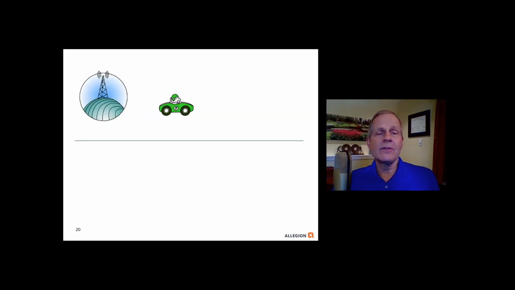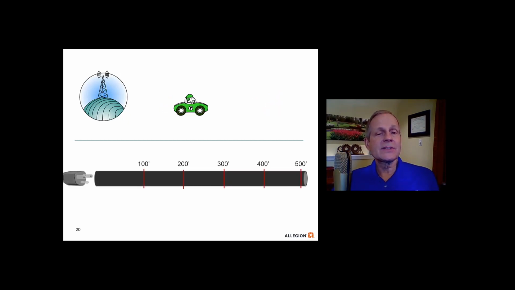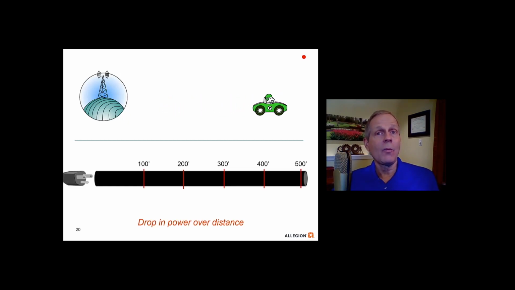All right, so now we're going to take a look at interference. We've got this radio tower that's broadcasting some music. You're in your car driving, and as you get further and further away from that radio transmission tower, the signal is going to get weaker and weaker. There's going to be a loss of signal as you get further away from the tower. Now, something similar happens in wires.